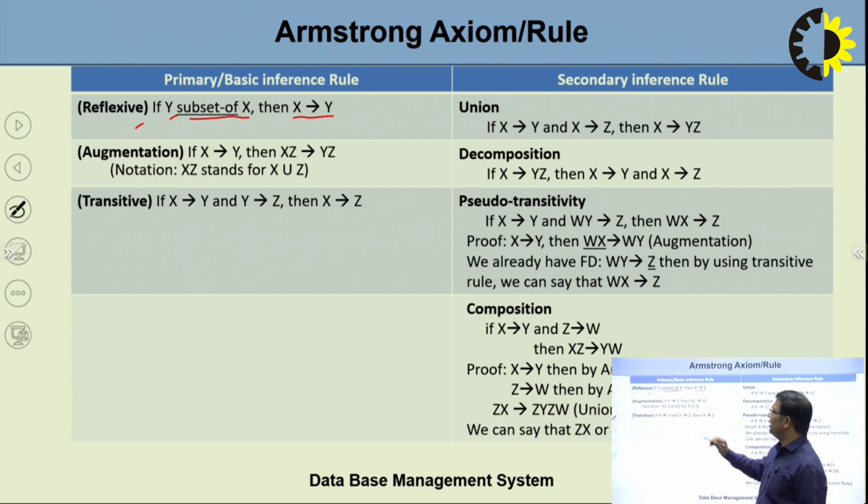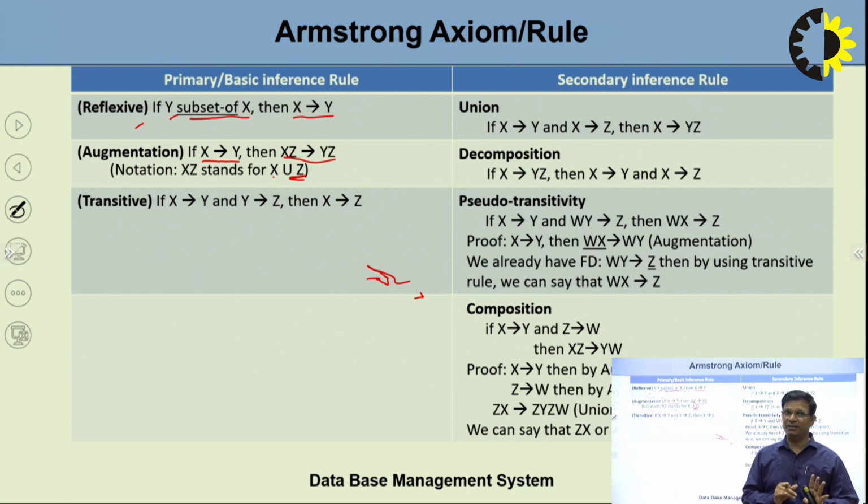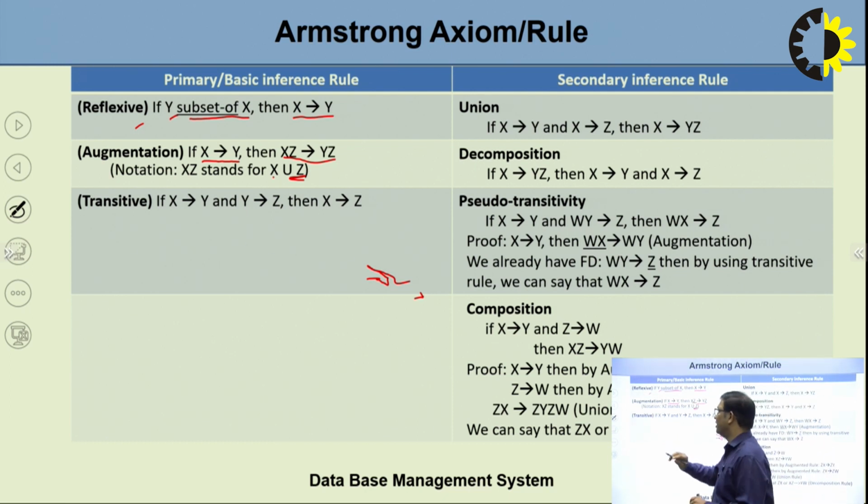For example, if x tends to y, then we should write xz tends to yz. Z is unioned to x and z is unioned to y. So z has been added to the left hand side and right hand side by union operation. So this is the augmentation rule. Transitive dependency. What is transitive dependency? Let's take x tends to y and y tends to z.